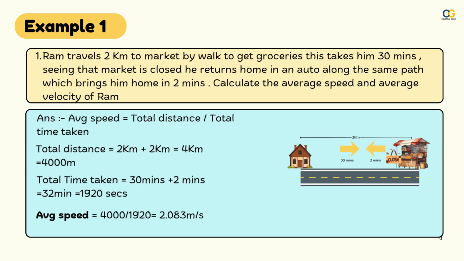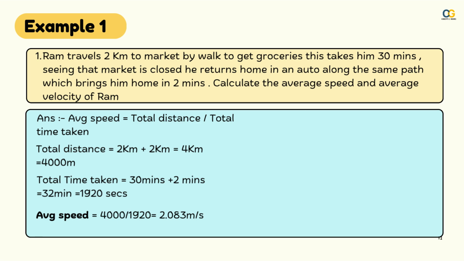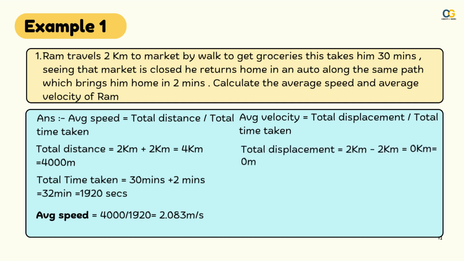Now let us find what is the average velocity. Average velocity can be given by total displacement by total time taken. So the total displacement in this case is going to the market was 2 kilometers. Coming back will be minus 2 kilometers, as we have to consider the direction of motion when it comes to velocity. So the total displacement is 0 kilometers.